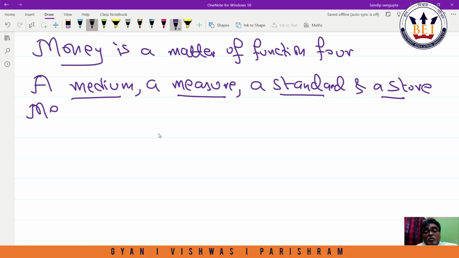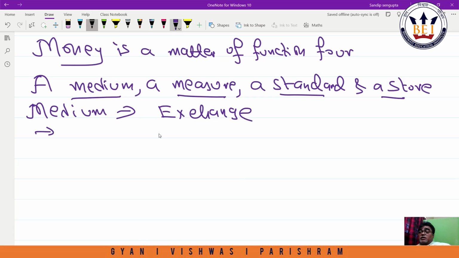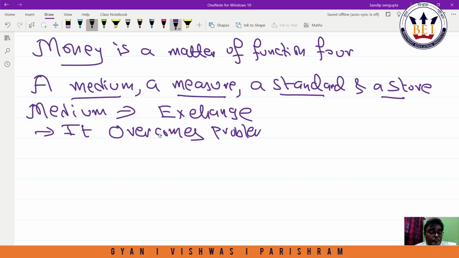So under medium, what is it? Nothing but medium of exchange. What does it imply? It overcomes problems of the barter system.